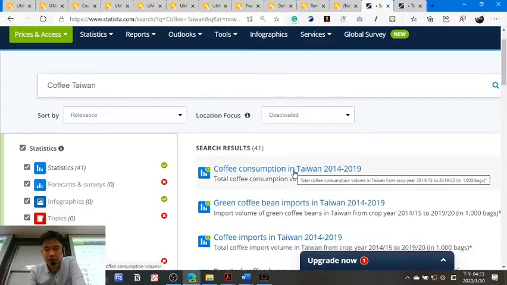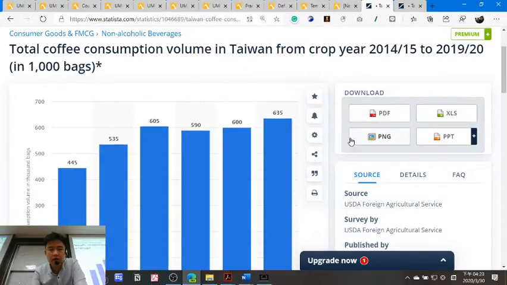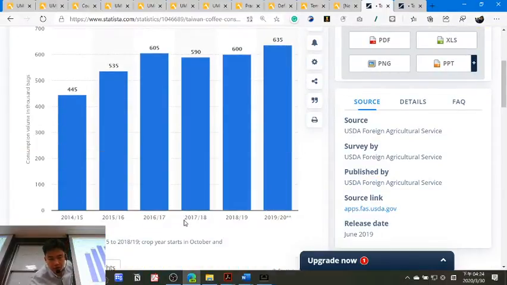So for example, here, okay, let's check this data. Okay, so that is the total coffee consumption volume in Taiwan from 2014 to 2019. Okay, so here's the trend, and we see that it's still growing. Just between 2017 and 2018, a little bit lower.